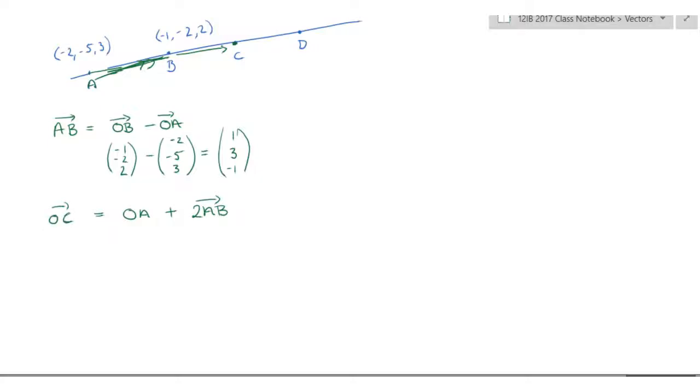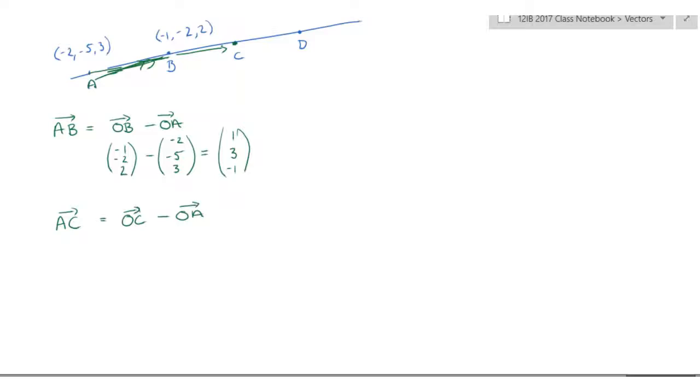Let's start this again, I'm not happy with that. If we wanted to find AC, we would do OC take away OA. There we go, that's better.